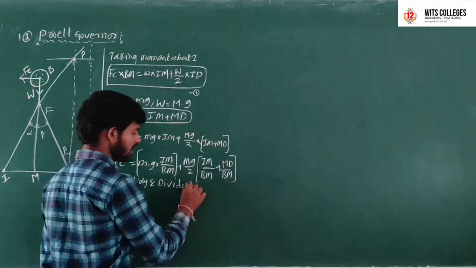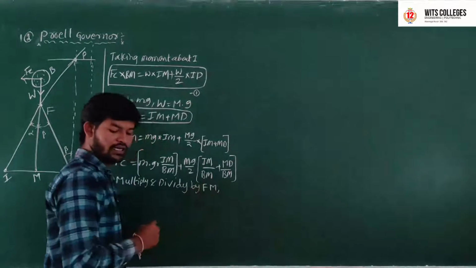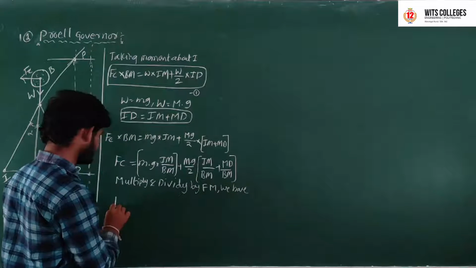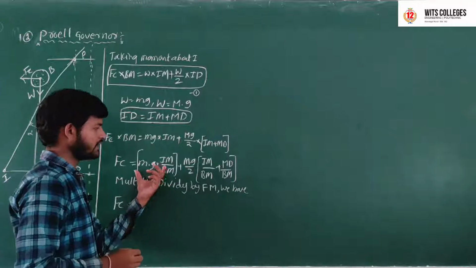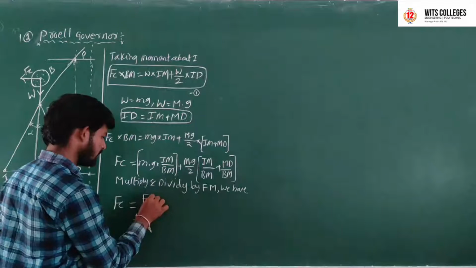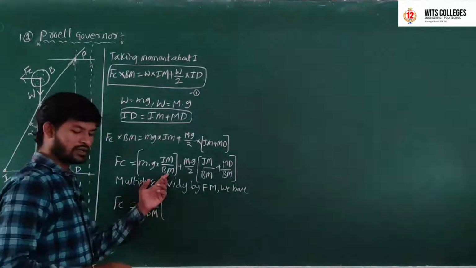Then we get the value of FC is equal to FM by BM, taking BM as common.